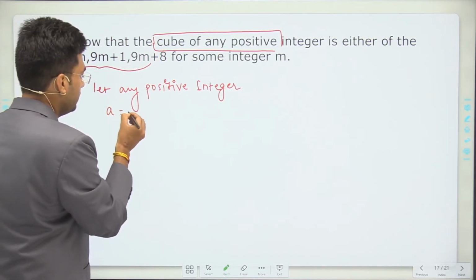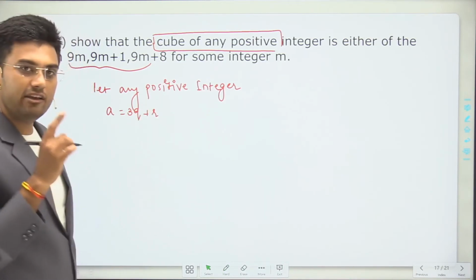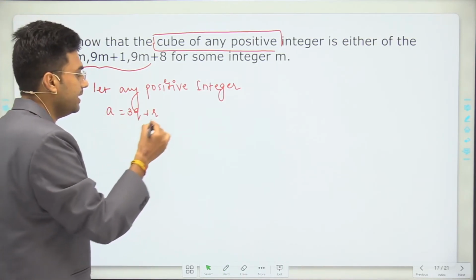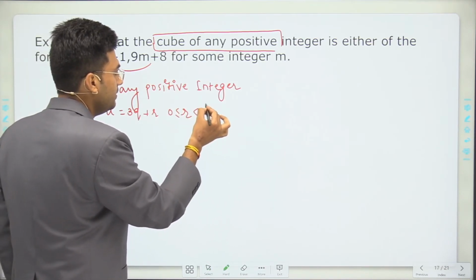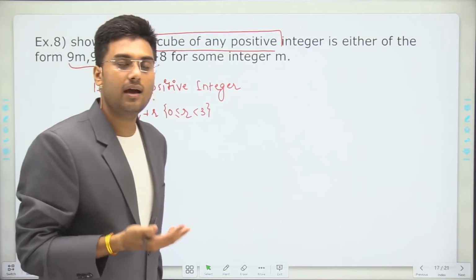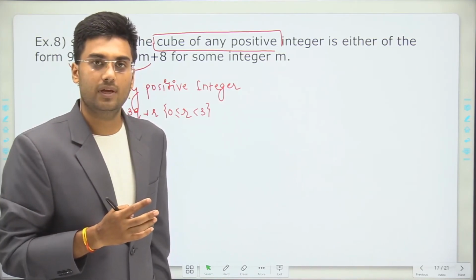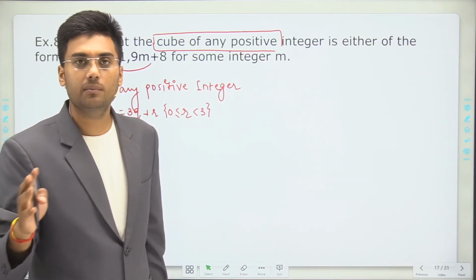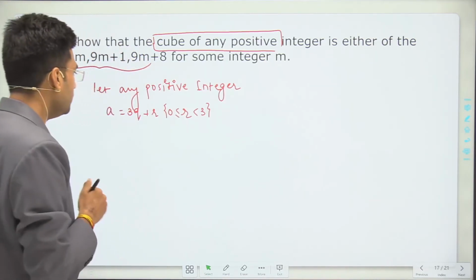Then a is equal to 3q plus r, and if b is equal to 3, then r is greater than or equal to 0 but less than 3. Again we have 3 cases here: r is equal to 0, r is equal to 1 and r is equal to 2, and r cannot be equal to 3 because r should be less than 3. So now case 1.